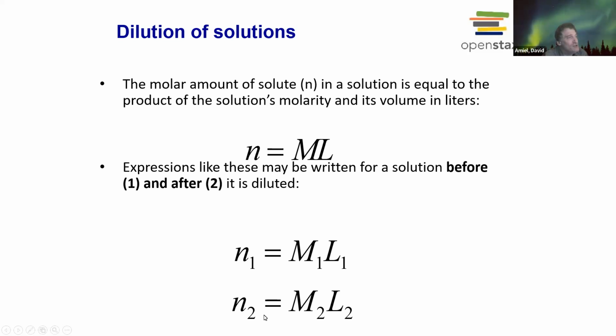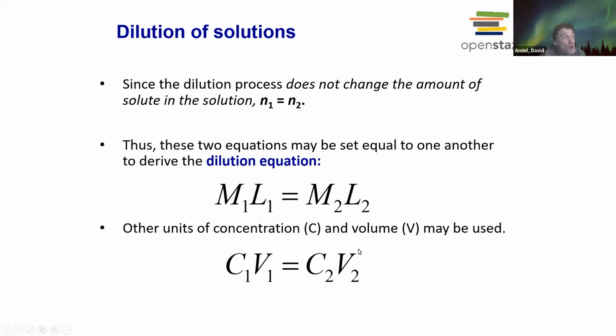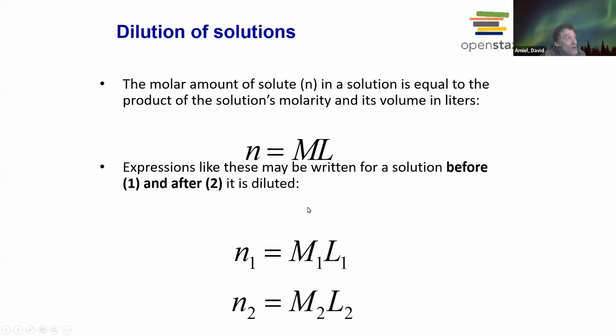For the diluted solution, n2 is also equal to its molarity times liters. But here's the thing, folks. Here's the kicker. n1 equals n2. Why? Because you're adding solvent. You're not changing the amount of the solute. The amount of the solute stays the same.